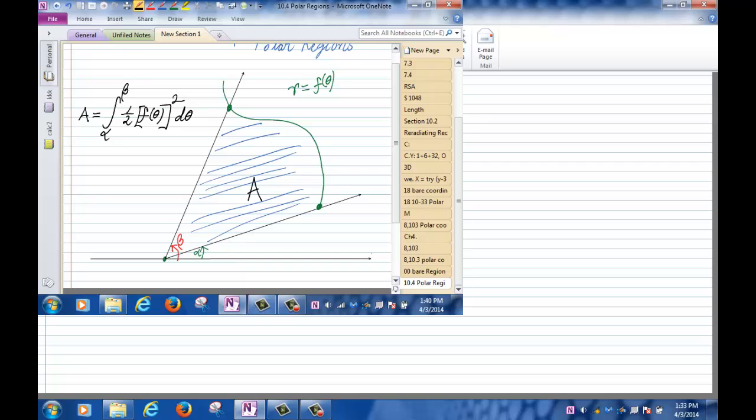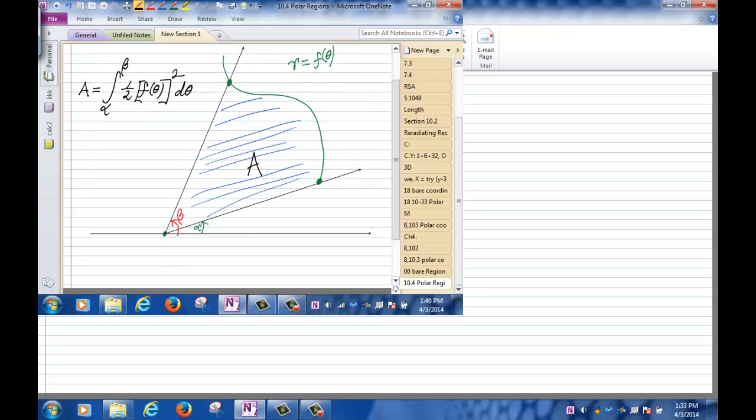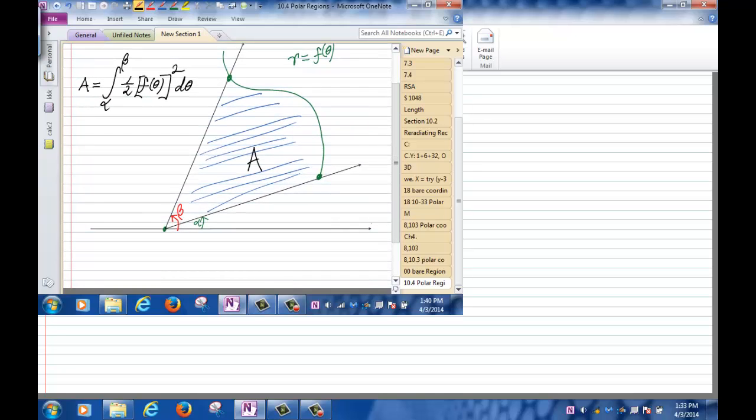As the polar axis moves from angle alpha to angle beta, it is sweeping through the region, okay? It is sweeping out a region bounded by this green curve, and that's the region that we are talking about. And the area of that region is given by this integral formula here. Now the question though is how do I know? First of all, that should be the integral.